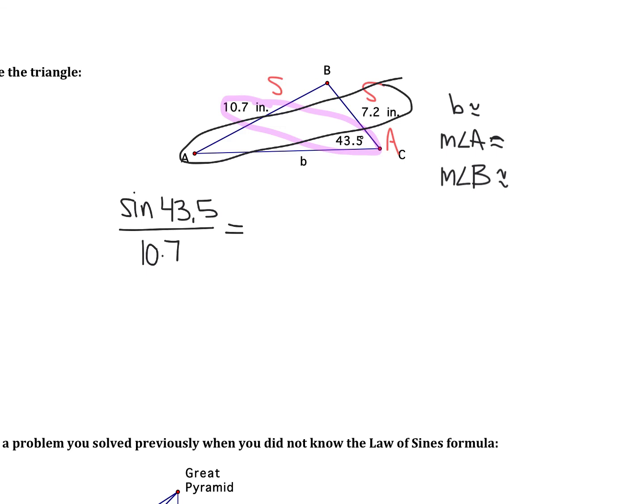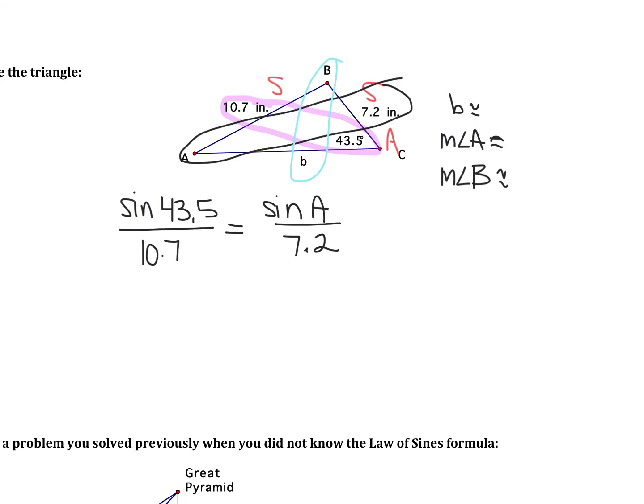I would not use this relationship because I don't have angle B and I don't have side B. So I can't use that particular angle on its opposite side, I have to use the a's because I at least have one piece of information there. So I'm going to do sine of angle A over 7.2. If I did the b's, I would have two unknowns, angle B and side B, so I'd be stuck. I want to be able to solve that.